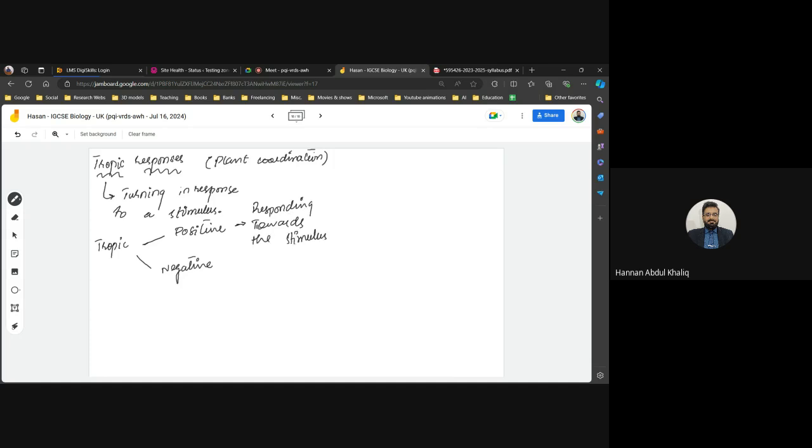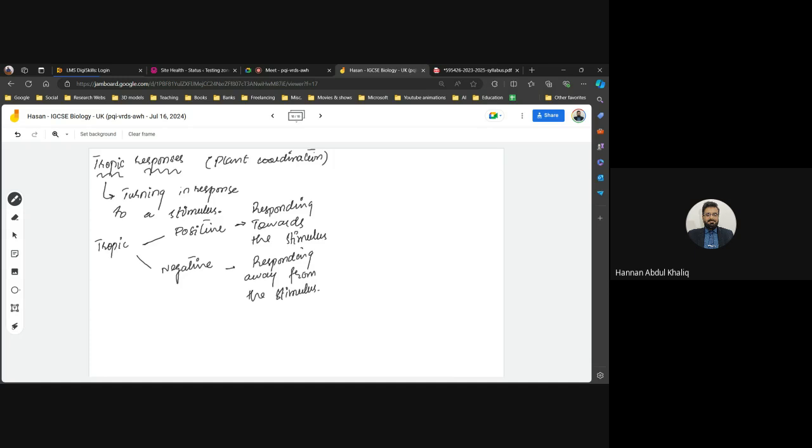Something like, let's say an animal saw food and jumps towards it. That would be a positive response. Negative is when you are responding away from the stimulus, and that is called negative tropic response, negative tropism.